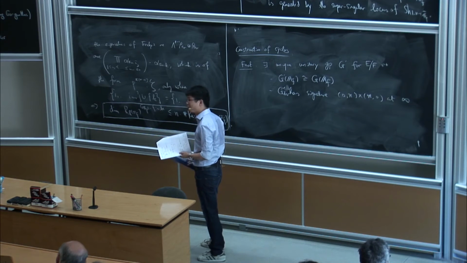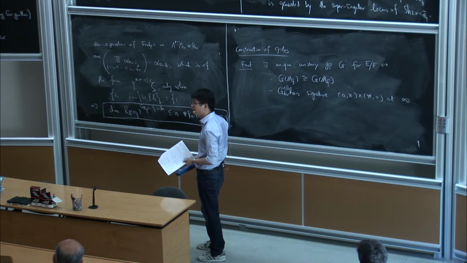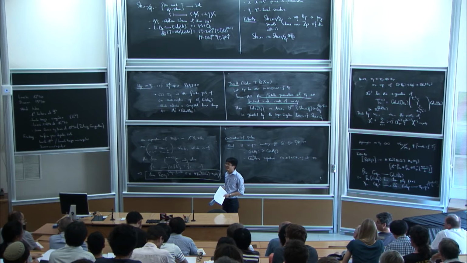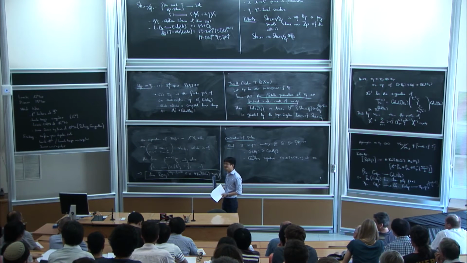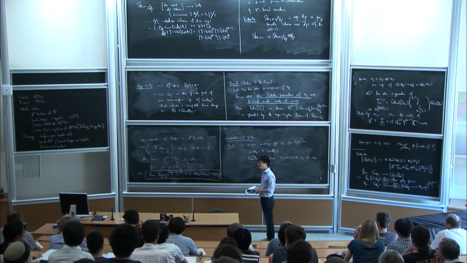No, this number is not the number of groups. This is the number of non-isomorphic Hermitian spaces, but the associated group is the same. Yeah. This part, I'm sure the group is unique, but the Hermitian spaces are different.